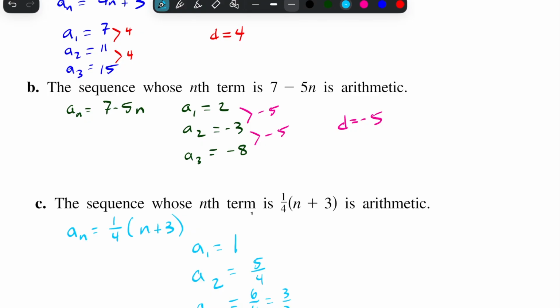All right, so if we subtract these, 5/4 minus 1 is a fourth. 6/4 minus 5/4, or 3/2 minus 5/4, is also a fourth. So here our common difference is just a fraction, which is 1/4. So these are 3 examples of arithmetic sequences.